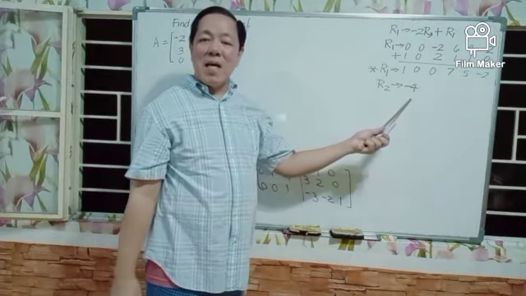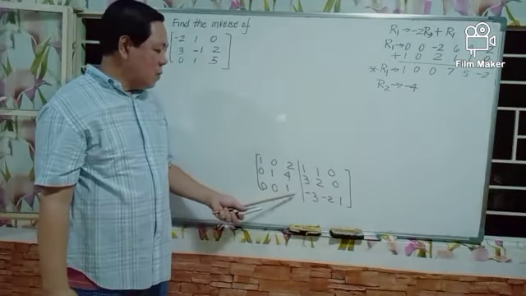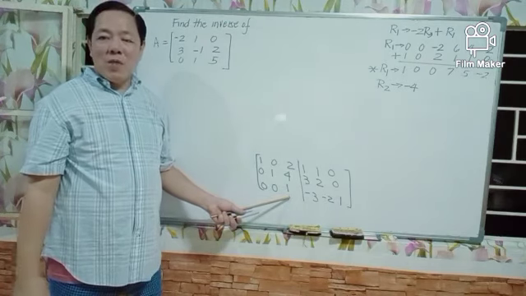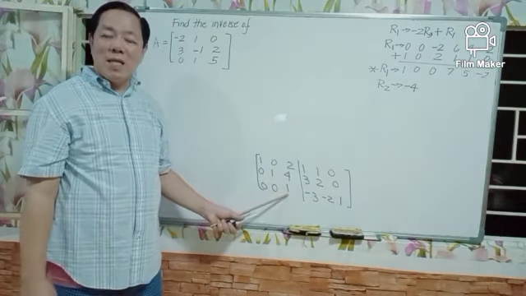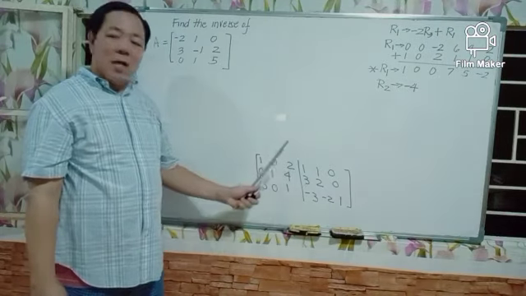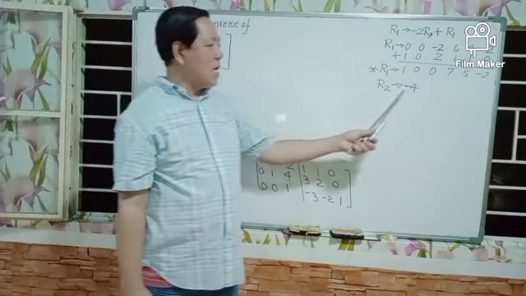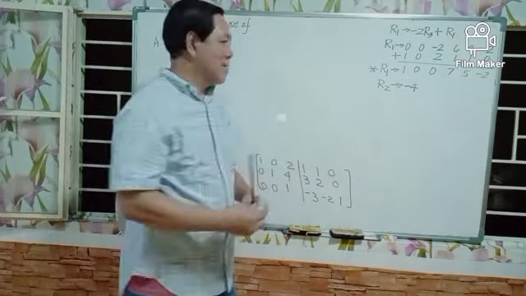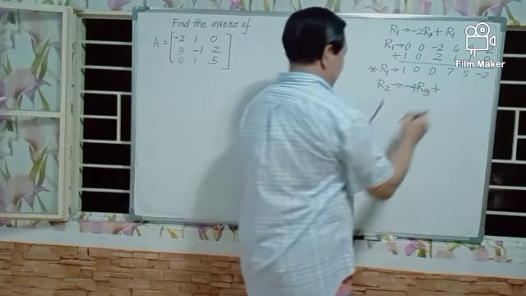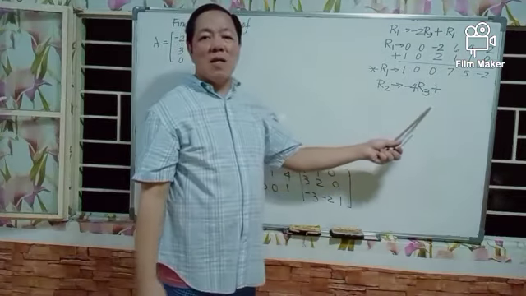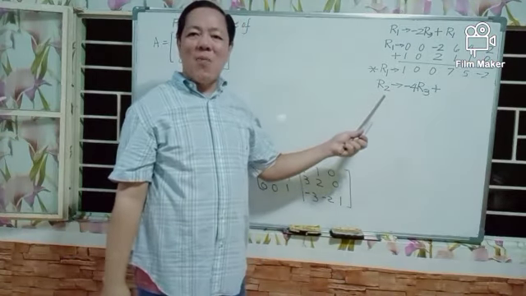Again, we multiply negative 4 by the row where we should have 1 in the third column. And we should have 1 in the third row and third column. We multiply negative 4 by row 3. And these products we add to the old entries of row 2.